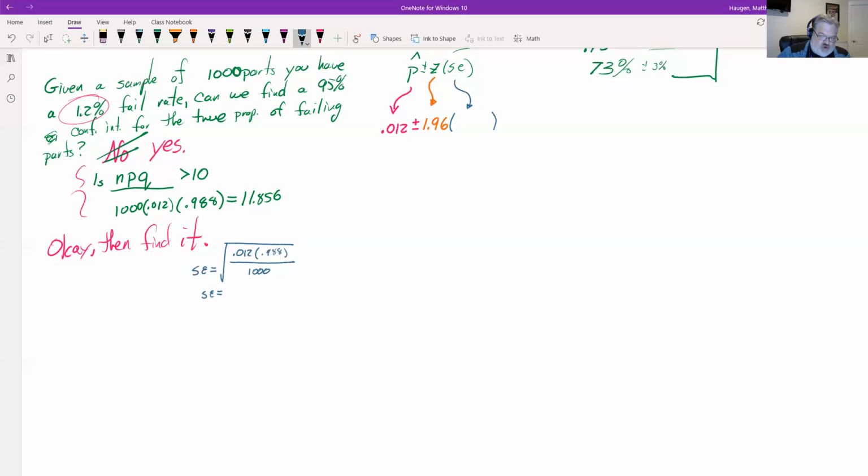And again, you can put it all in one formula, but break it down so we can see our parts. So what is that standard error about? 0.0034, which is fairly small for a standard error, but our sample size is 1,000, so it should be pretty small.